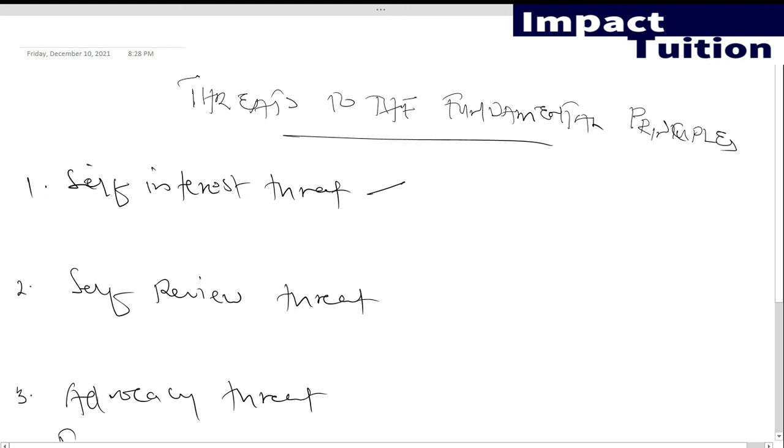The interest may be financial, incentives, compensation, and then inappropriate use of corporate assets.